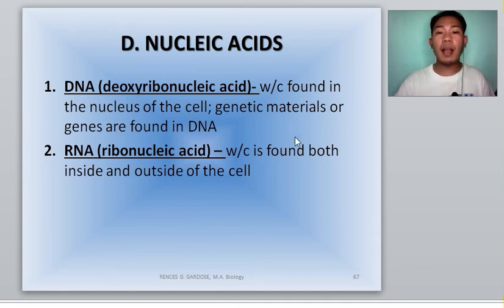The difference between deoxyribonucleic acid and ribonucleic acid is the deoxygenated structure of the sugar molecule. The sugar molecule present in DNA is deoxyribose sugar, while in RNA it is ribose sugar.